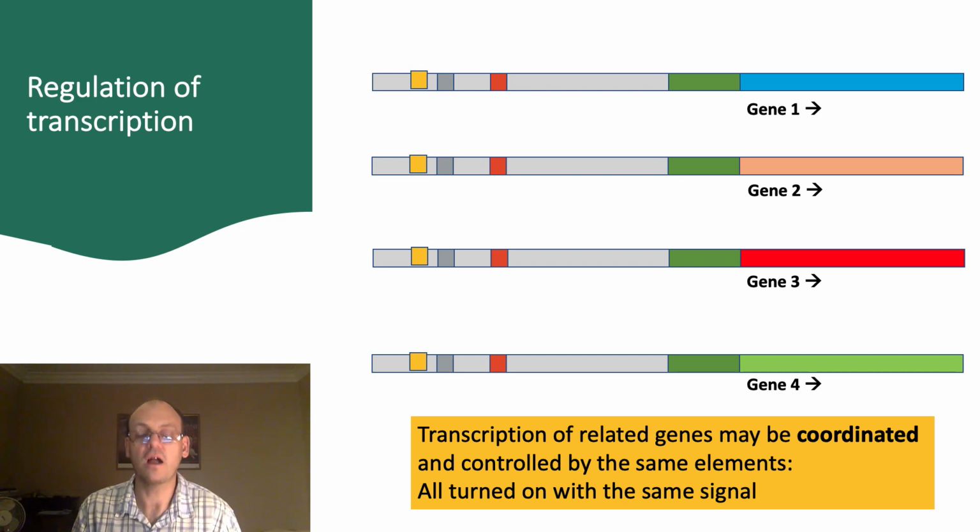You should be able to contrast this with the operons in bacteria. Remember that with operons, the related genes were all located together on the chromosome and had a single promoter. In eukaryotes, however, the genes may be widely dispersed through the genome, and therefore each will have its own control elements. However, these control elements may be similar or the same as one another.